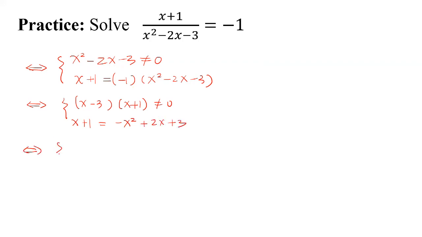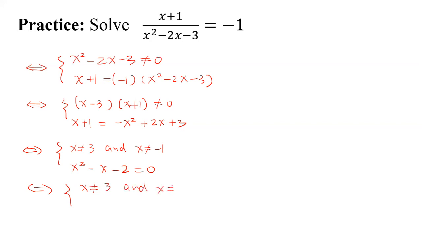Okay, so next, this is equivalent to x cannot be 3 and x cannot be -1. Next one, x squared minus x minus 2, right? Equals 0. And this is equivalent to x cannot be 3, x cannot be -1.